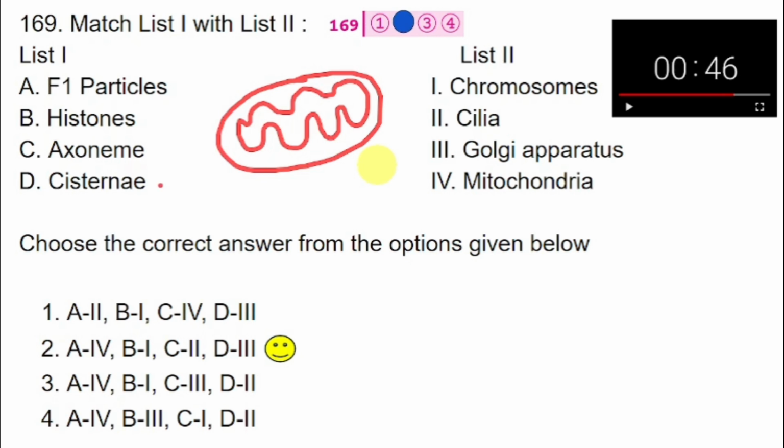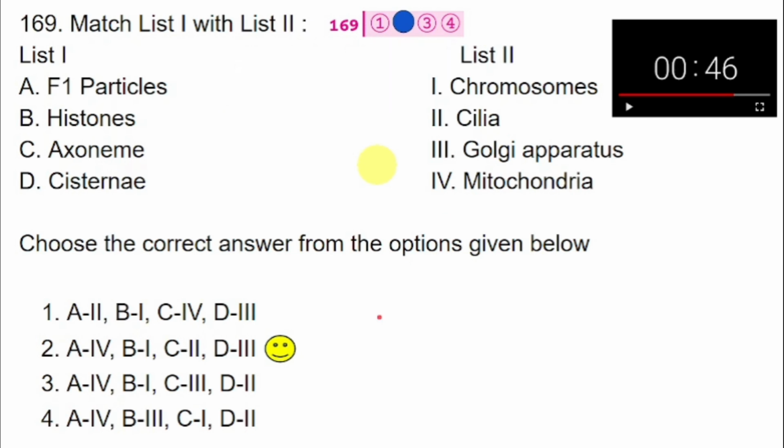Cisternae is for Golgi, and this is cristae. So you can relate it to Christ. God gives you power, and cristae is associated with an organelle which also gives power. Okay, so this is one trick you can use to relate and remember.